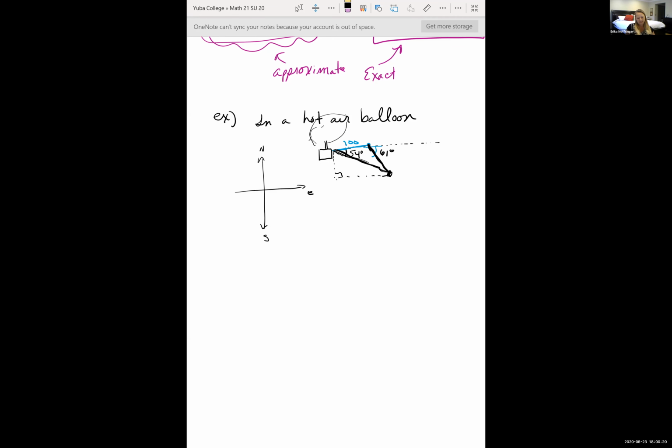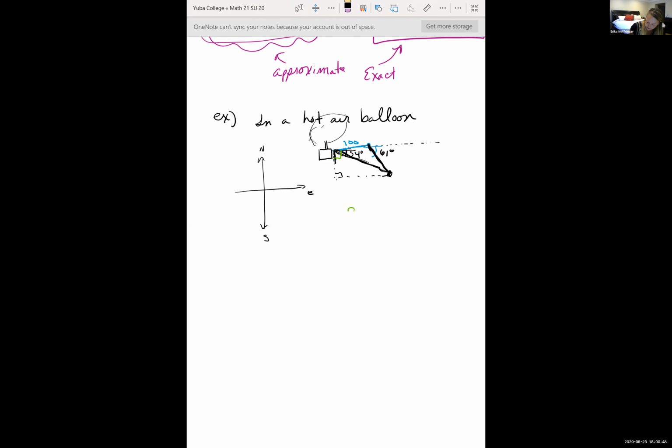So we need to figure out some stuff. This right here is a horizontal line. This right here is a vertical line. So we know this angle with our 54 degrees and this line right here has to sum to 90 degrees. So we know this angle in here has to be a 90-degree angle.